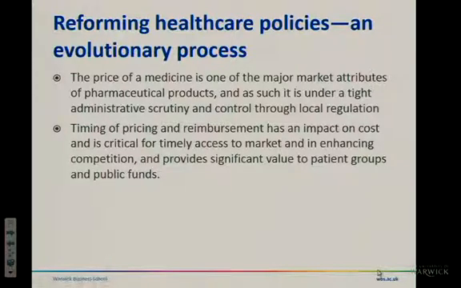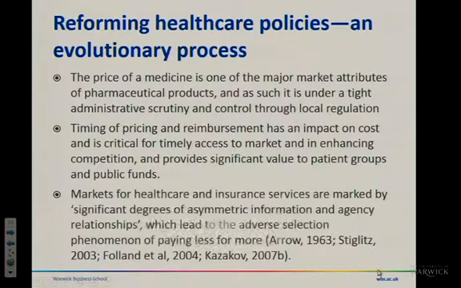The timing of the pricing, the reimbursement that the government can provide to the people, and how you access markets for these generic drugs, those drugs that are not branded but are mainly based on molecules. And this is coming from many of the recent Nobel Prizes about this issue in the markets of healthcare services.